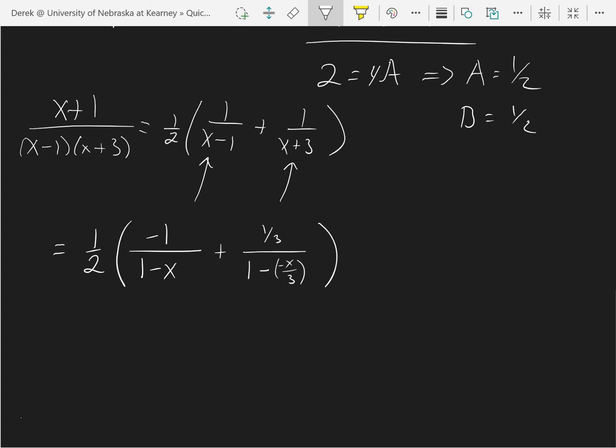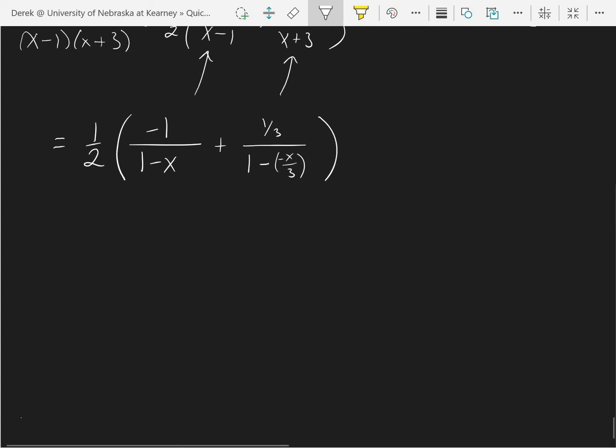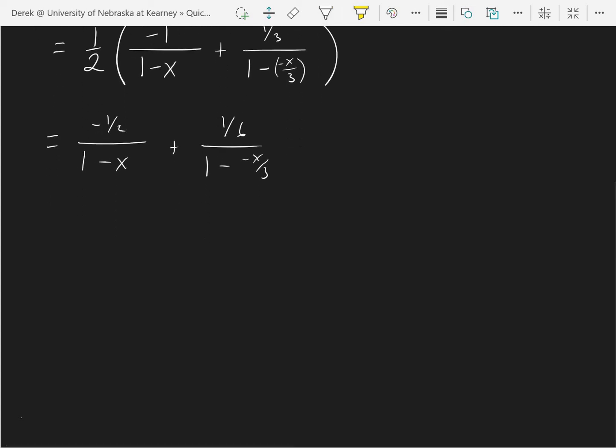Okay, now these look almost exactly like geometric series. They are actually exactly Taylor series. I'm going to have a negative 1/2 over 1 minus x plus a 1/6 over 1 minus negative x over 3. Okay, so let's put these together into a Taylor series.